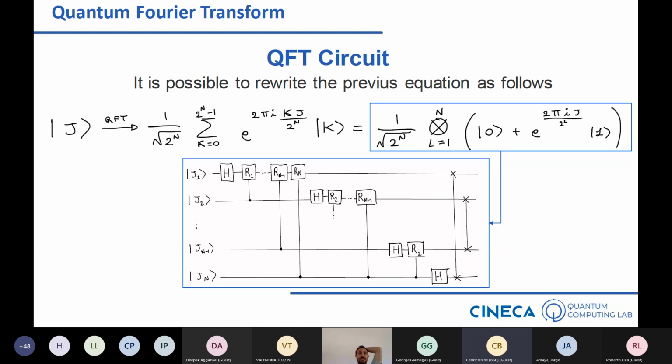Well, yes, you're right. I don't know what the result will be at the end, because what you get is something similar to the Fourier transform, but it's only in superposition. Everything is in superposition, so you don't have access to the superposition unless you measure it.